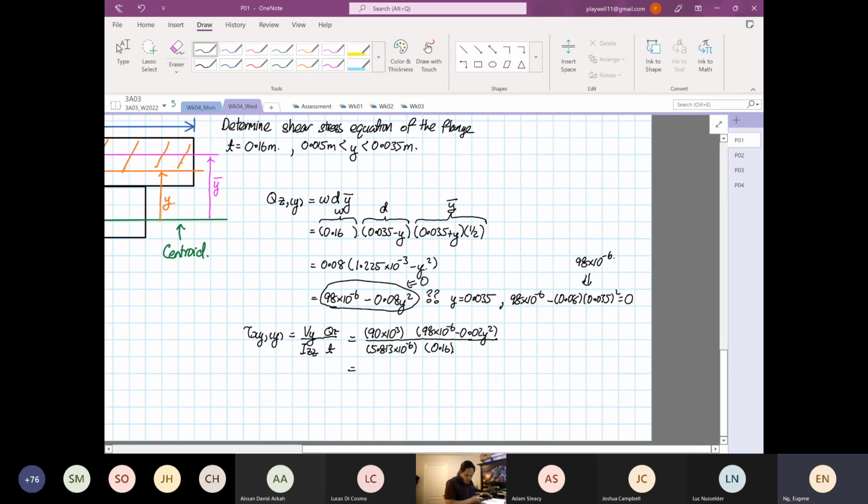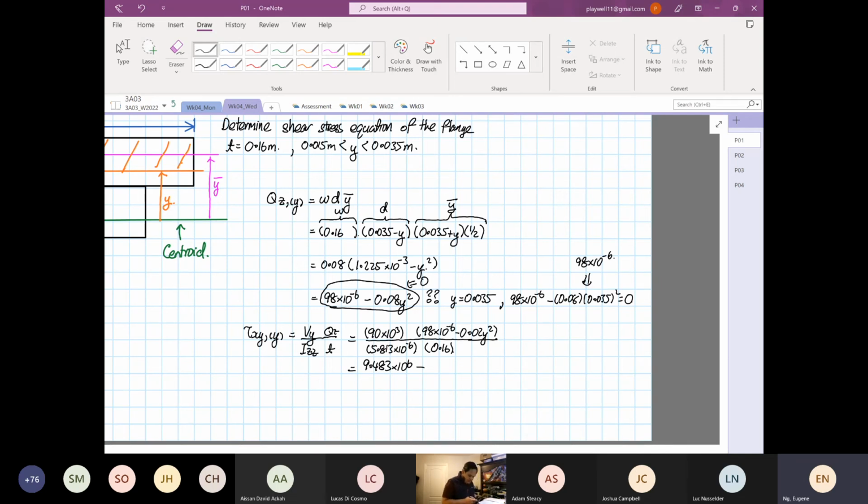So this will be equal to 90 power 3 divided by 5.813 power minus 6 divided by 0.16. That's by 98 power minus 6. So it will be equal to 9.483 times 10 to the power 6, minus... 1.9.